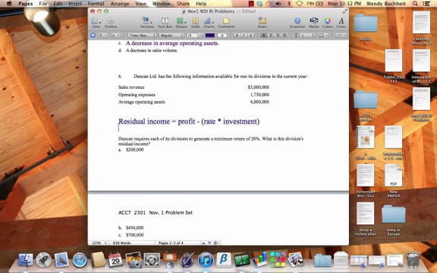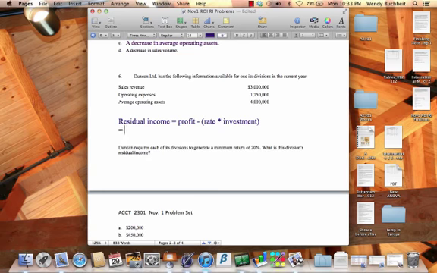All right, so here we have operating expenses and revenue. We could take the revenue and subtract the operating expenses to get our accounting profit, right? So the 3 million minus the 1.75 million would give us a profit of 1.25 million, and we want to subtract from that the rate, as this company wants a minimum rate of return of 20%, and multiply that by the investment, where the only investment we know of is those average operating assets of 4 million.